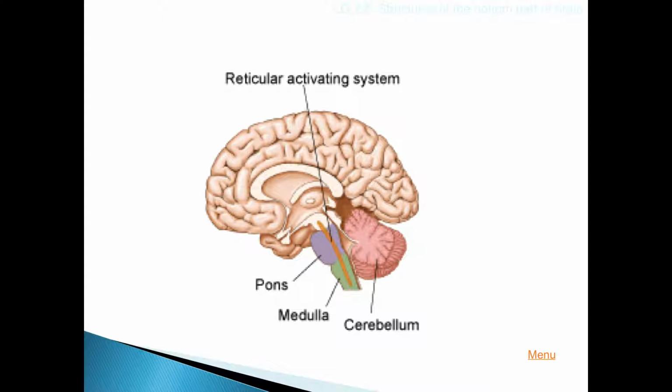Okay, so what a lot of people think is that the basic idea is that these are very primitive parts of the human brain. We'll talk here about emotions and stuff housed here. As you go out, it's like greater evolutionary development, right?